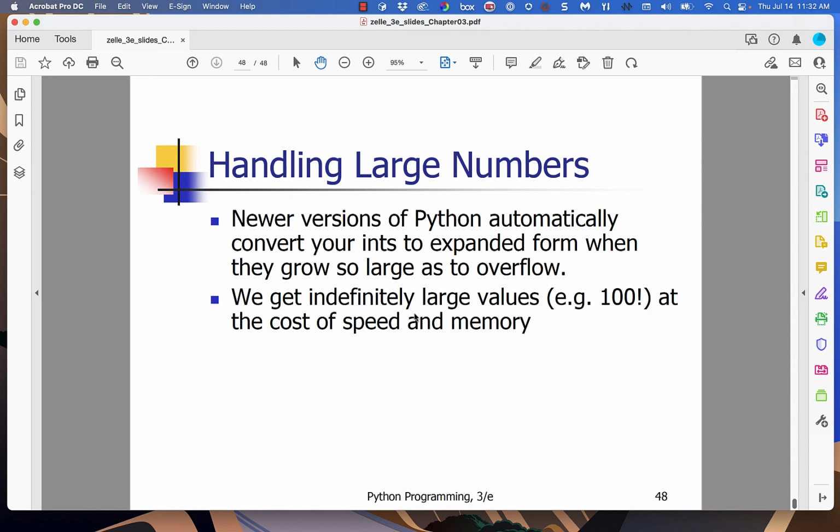Newer versions of Python, real Python, Python 3, automatically convert your ints to expanded form when they grow so large as to overflow what would work on that processor. And again, not all processors have the same word length.